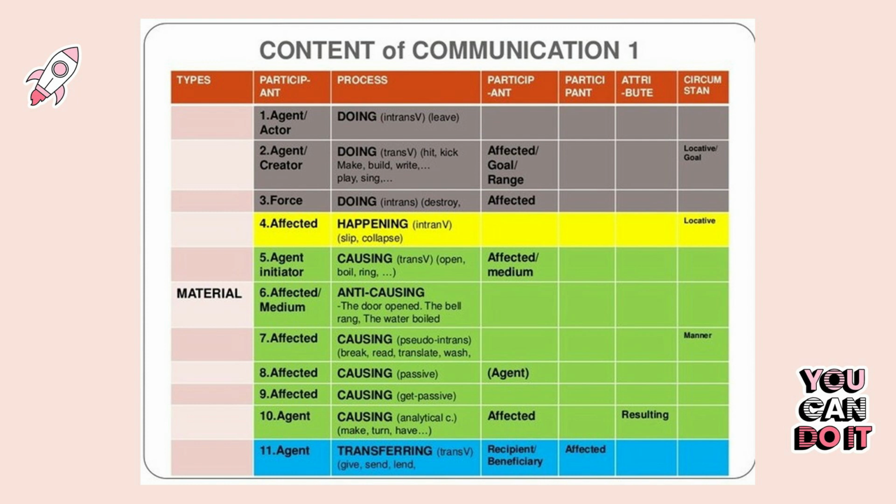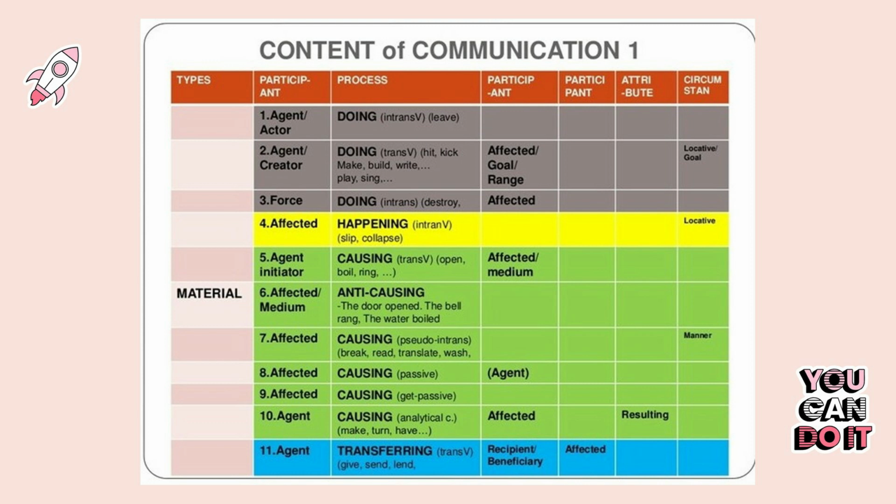The next one is content of communication. You can see on the screen there is a table that contains examples of the content of the communication. So I will give you some examples. Number one, the type of the process is material, and the participant is called agent or actor. The process is doing or intransitive, and the example is live.